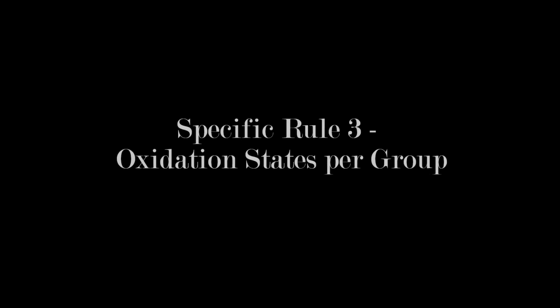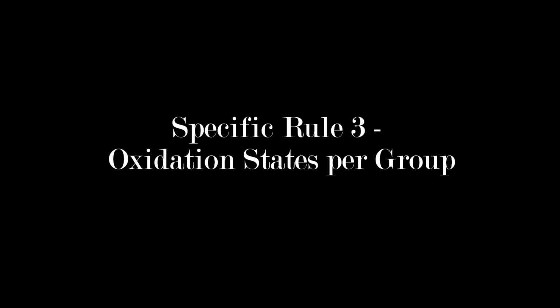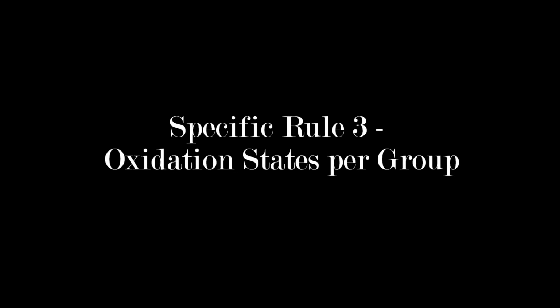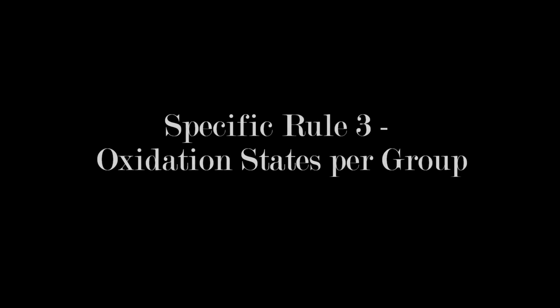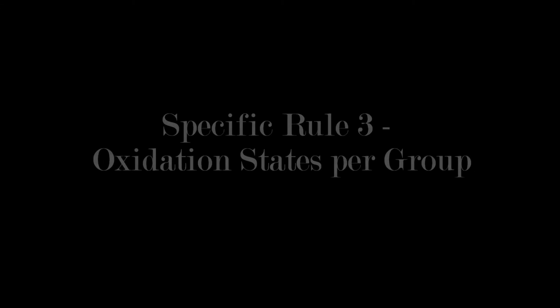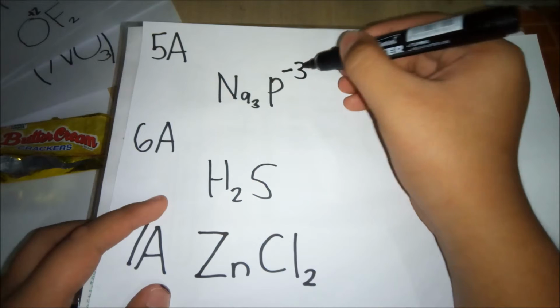With reference to the periodic table, group 1A and 2A have oxidation numbers of +1 and +2 respectively in all of their compounds. Group 3A elements have oxidation states equivalent to +3.